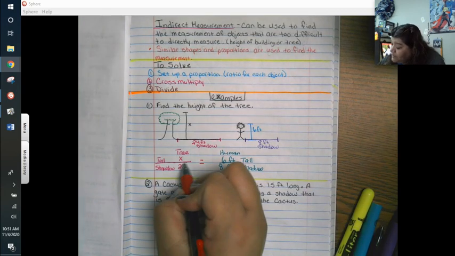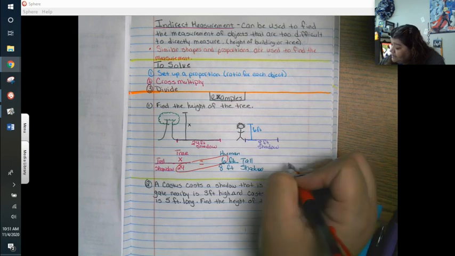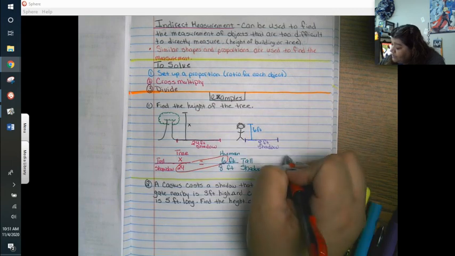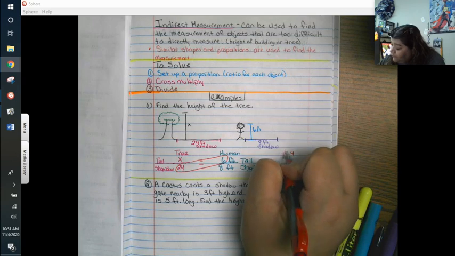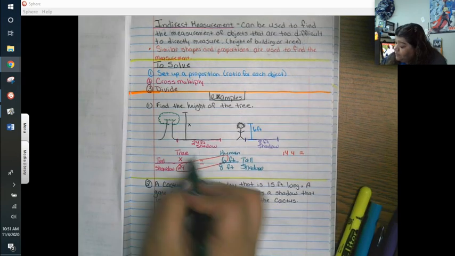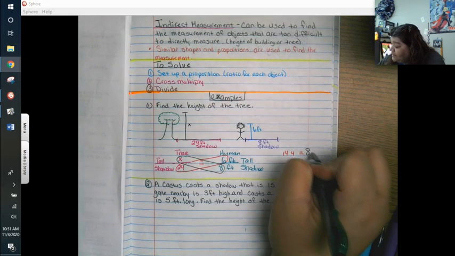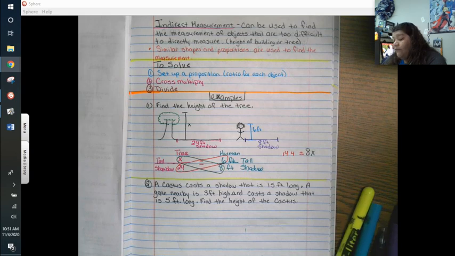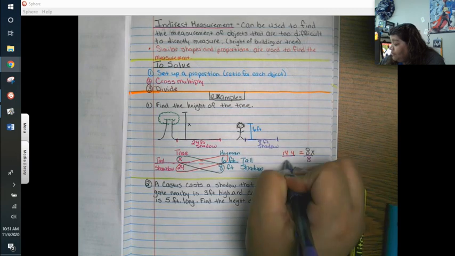If you remember, we're going to cross multiply 24 times 6. 6 times 4 is 24, so that gives me 144, equals, and we go the opposite direction, remember? 8 times x is 8x. To solve these, like we've been solving equations all this time, divide by 8 to get rid of it.